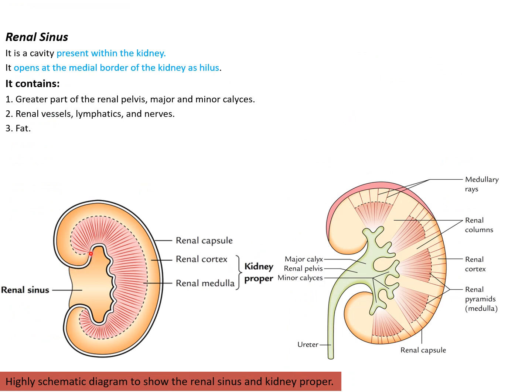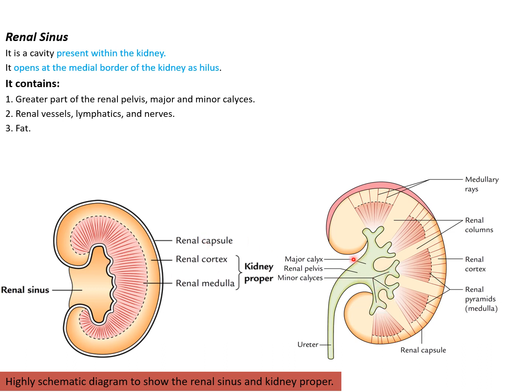Renal sinus is a cavity present inside the kidney, and this renal sinus opens at the medial border as the hilus. This is the ureter, this is the pelvis of the ureter, this is the major calyx, this is another major calyx, this is the minor calyx, another minor calyx, minor calyces.